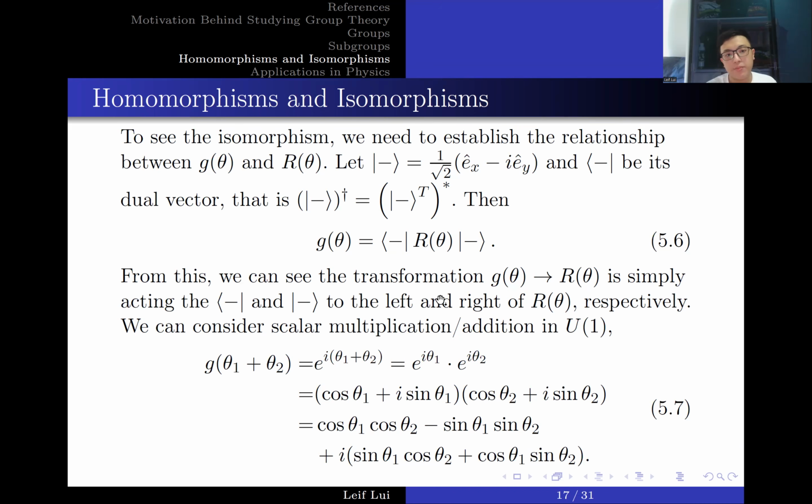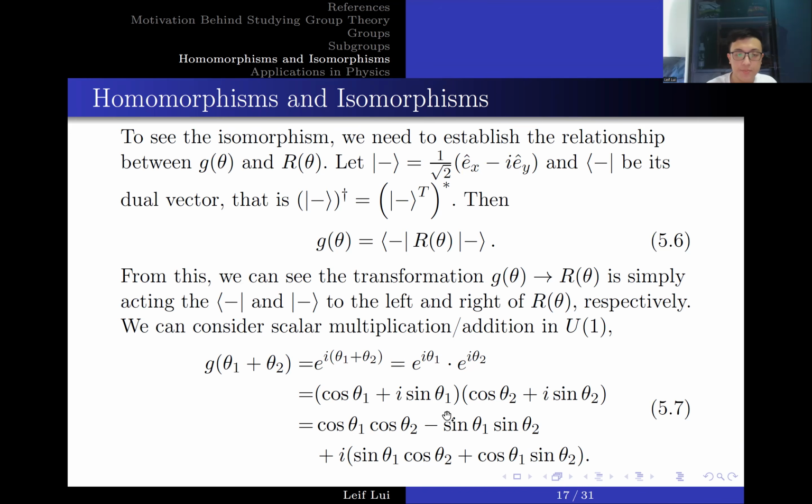Now let us consider scalar multiplication or addition in U1. If we multiply the two together, we get e to the i theta times e to the i theta is equal to this. So what happens is we get the product of two cosine and sine functions, and we get this factor here.